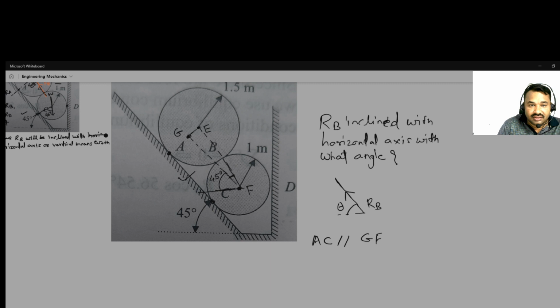So we have to find this angle in between. Let's do some geometry.